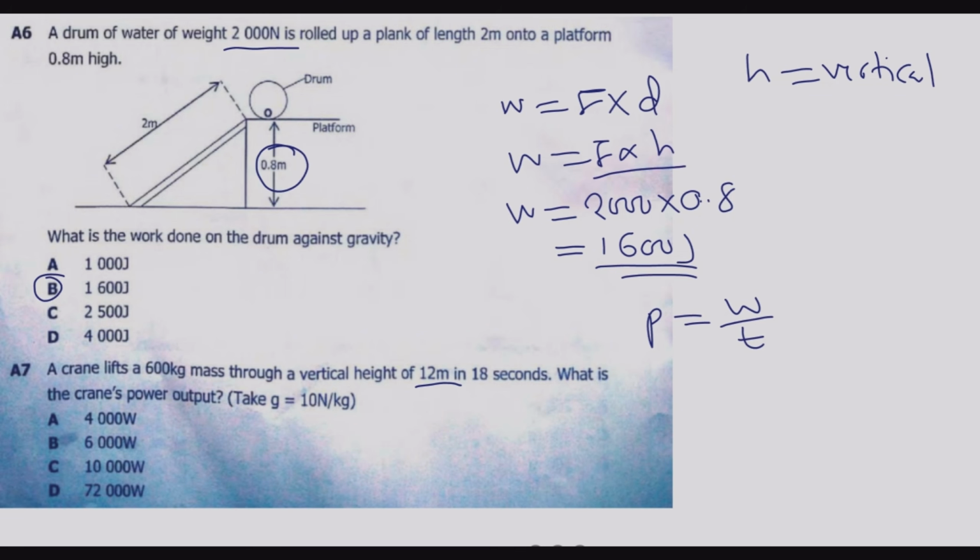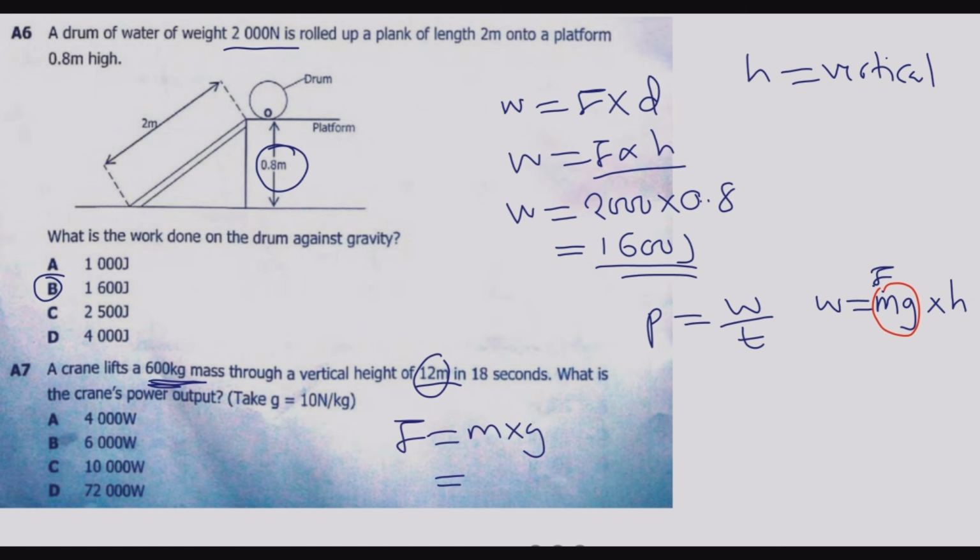Now in this case, work done will be mass times gravity, this whole thing is force, then we multiply by the height. So the height in this case is 12 meters. Then we need to find the force from this 600 kg. So the force will be mass times gravity.